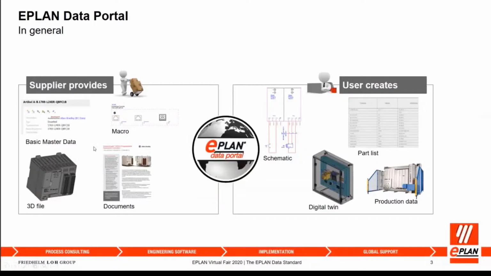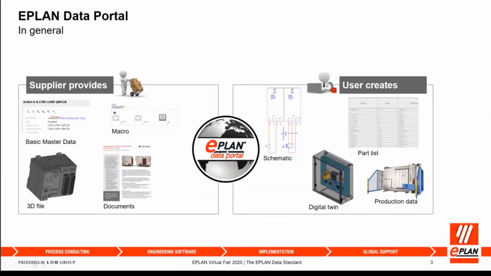The manufacturers can provide their component-related data in the data portal. This is basic data like part numbers and product descriptions. It can be 3D files of the components, documents like the data sheet, and especially the functional representation in the schematics. This is the so-called ePlan macro.